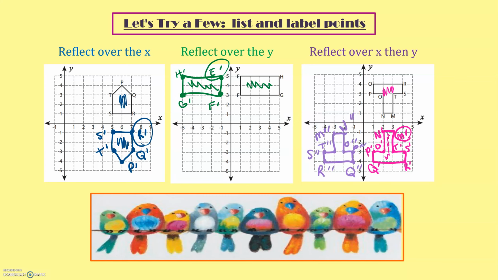But when we took this prime and reflected it over the y, we now have to label things as prime prime because it's the second time it got reflected. That's how you remember how many primes you need and the order in which it was reflected.